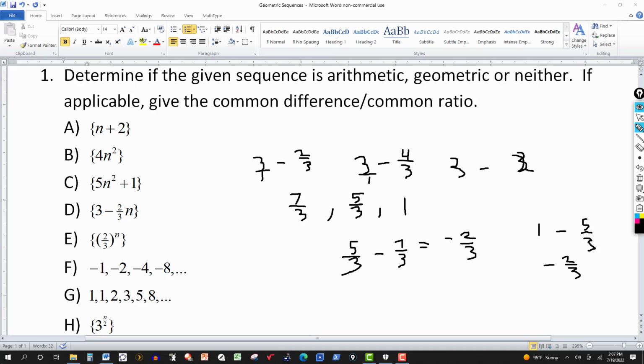So I got the same thing. So this one is arithmetic, and the common difference is negative 2/3.